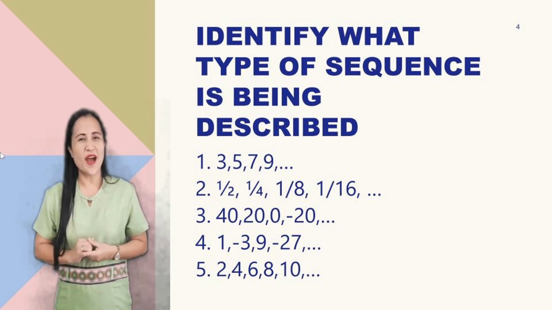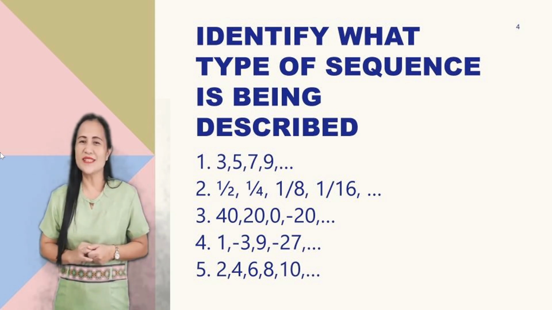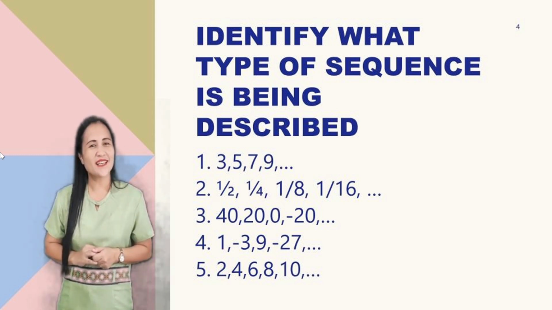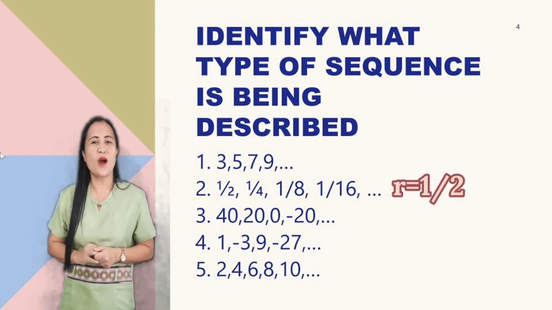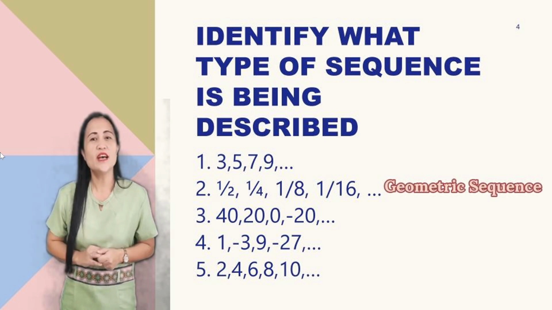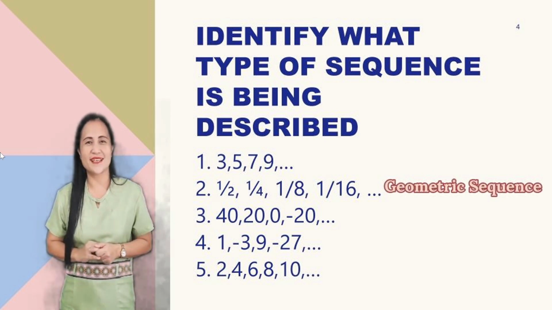How about the second one? We have the sequence 1/2, 1/4, 1/8, and 1/16. That is correct. We have a common ratio, which is 1/2, so therefore it is a geometric sequence.